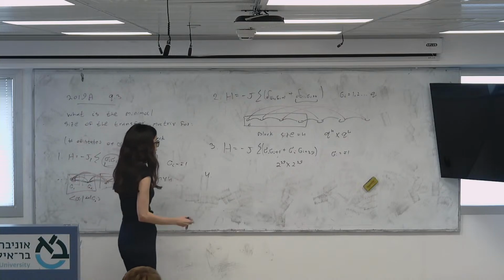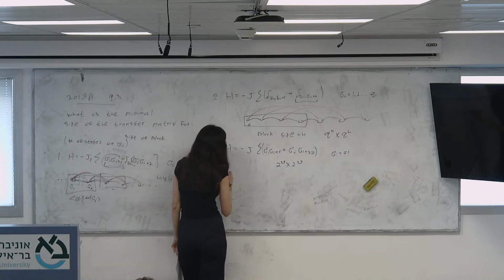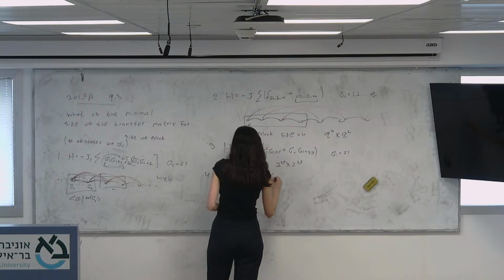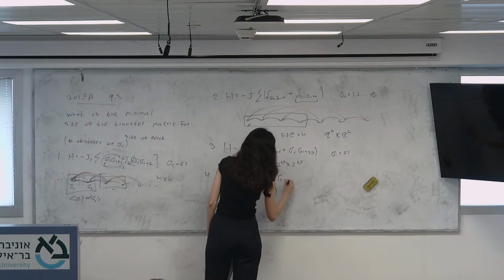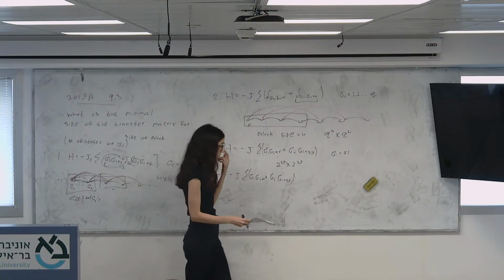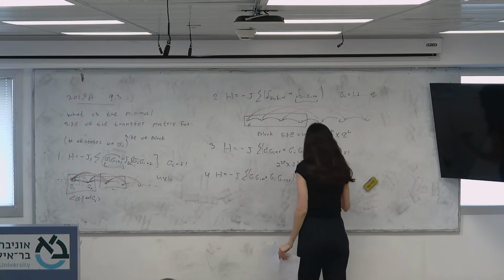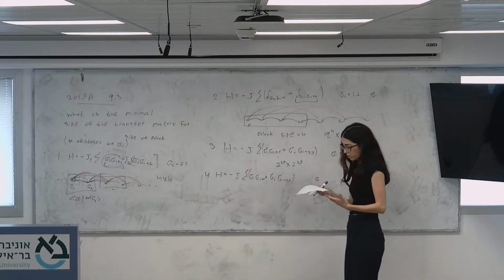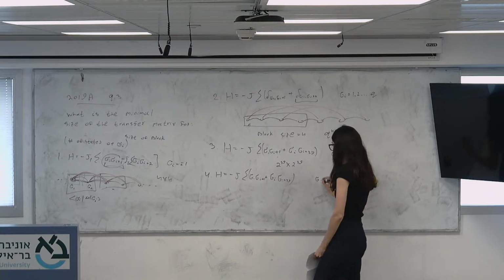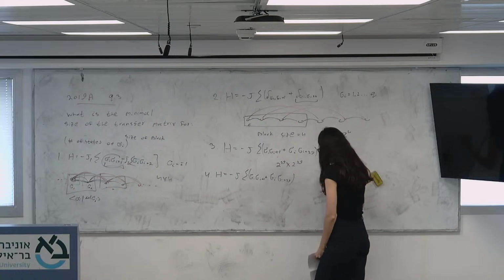So here the Hamiltonian is the same Hamiltonian, so we know the size of the block. But now sigma of an even index state, so sigma of 2i.